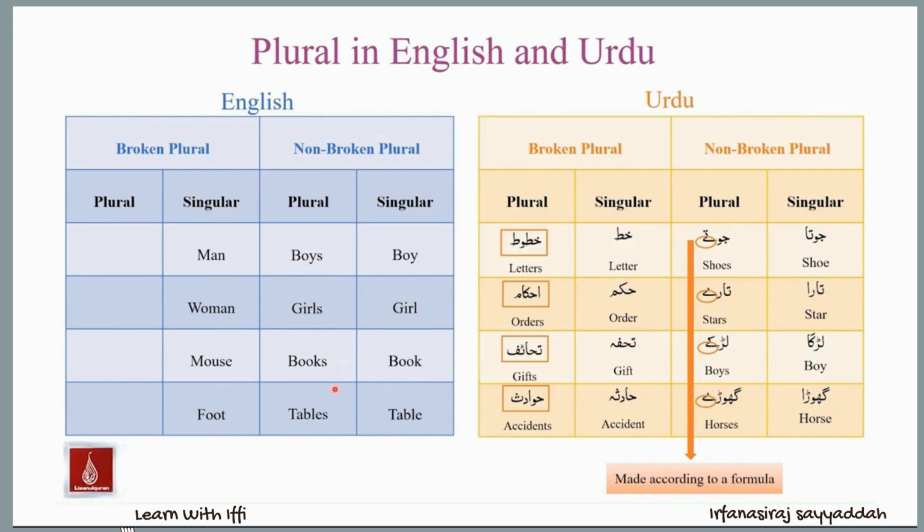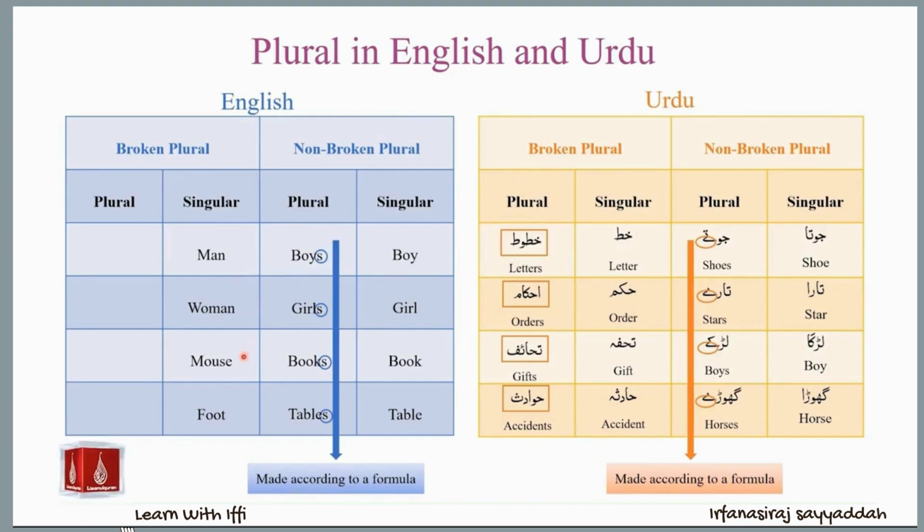There appears to be a consistency, a pattern here, meaning that these plural words are also made according to a formula. In contrast, we have words like man, woman, mouse, foot. And the plurals are men, women, mice, feet.